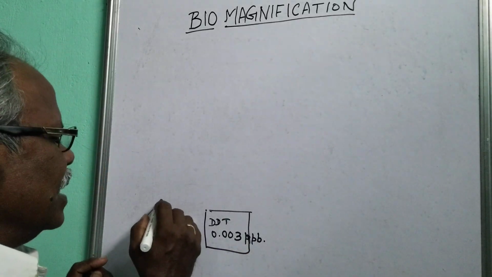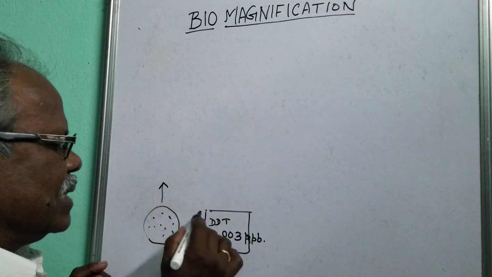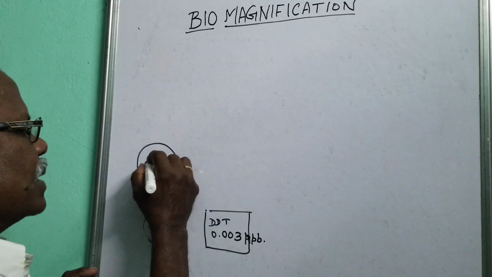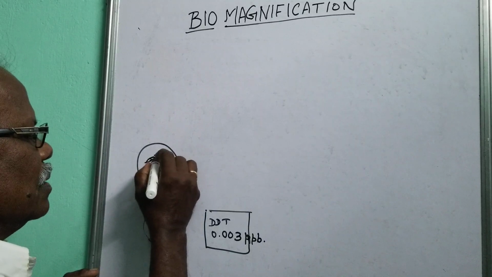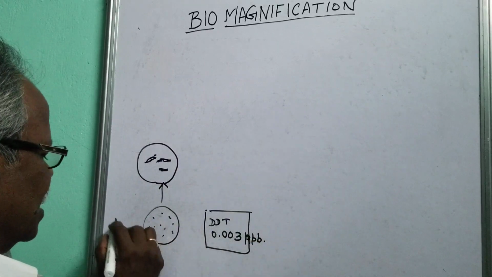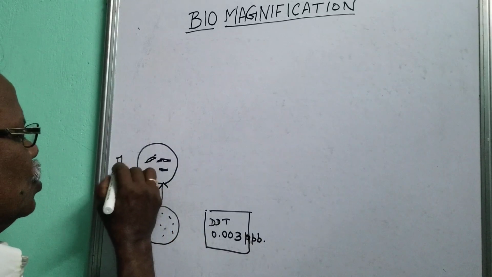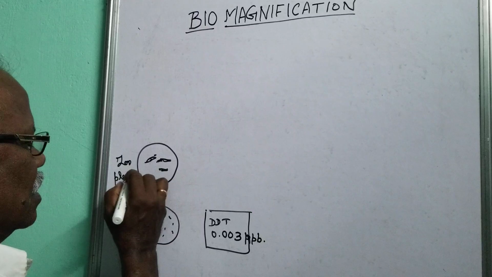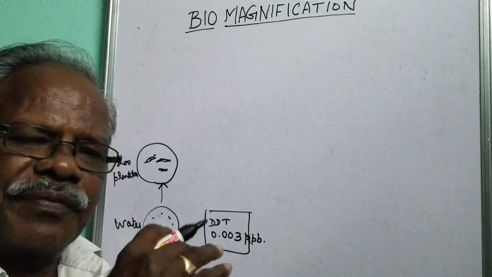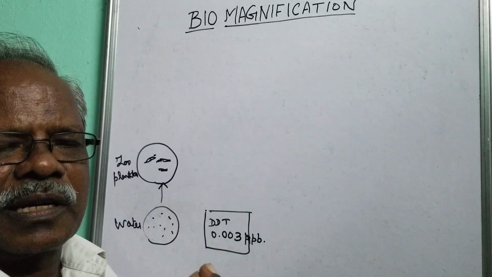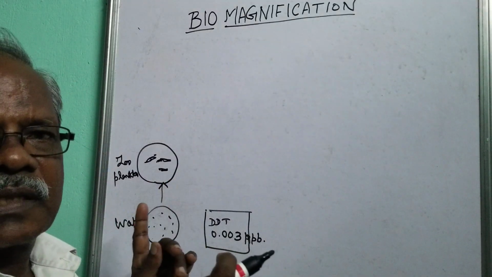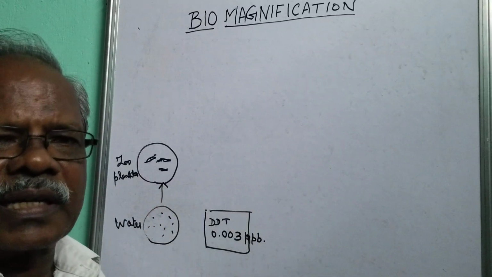Then the next level is zooplankton. Zooplankton means small minute organisms, small larvae, found drifting in the water.